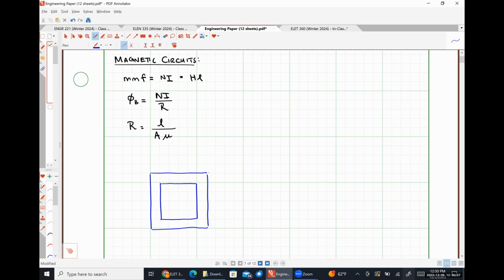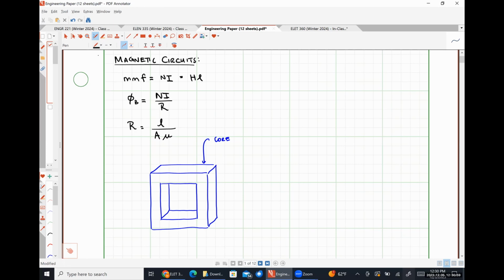So this is our core. It is a three-dimensional structure. Like so, right? So I'm just going to put here core.